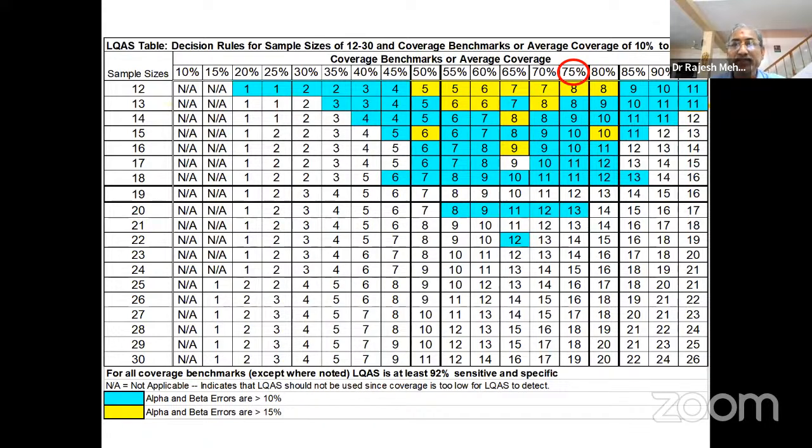So in that case, you can say that 75% coverage may be there. It may be there. But suppose only 7 are vaccinated, then you can expect that coverage will not be more than 50%. So here, what is an average coverage equivalent?